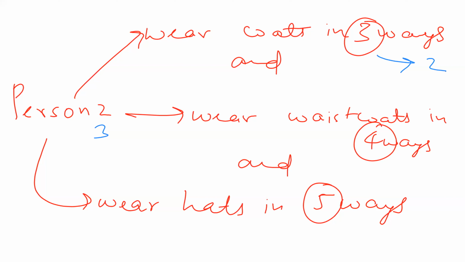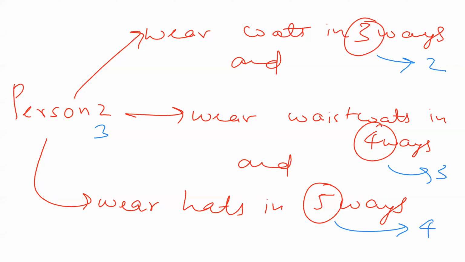Person number 3 can wear coats in two ways. Person number 3 can wear waistcoats in three ways and hats in four ways. So you have to write that information for person number 3 as well. So for person number 3, you just make this particular chart for better understanding of the paper.